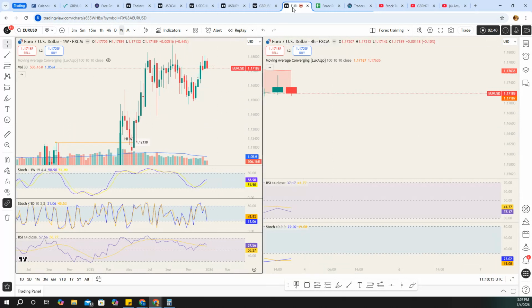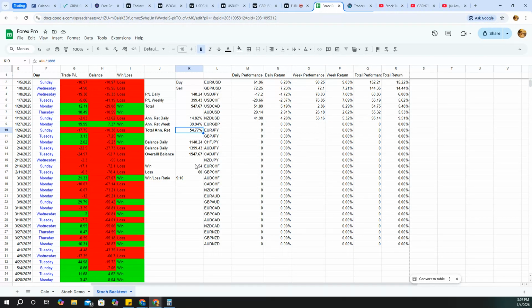I went through the EUR/USD, GBP/USD, USD/JPY, the USD/CHF, and the USD/CAD in details, and then I went into the AUD/USD and the NZD/USD, but they were not in detail. I will show you now the results.